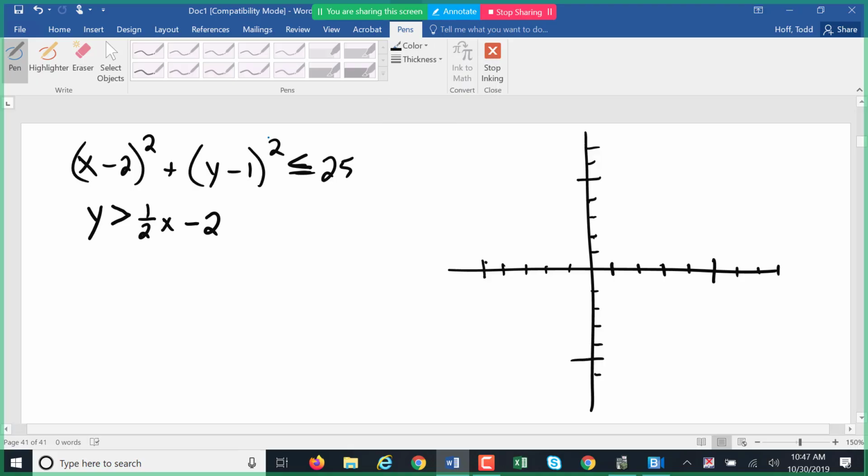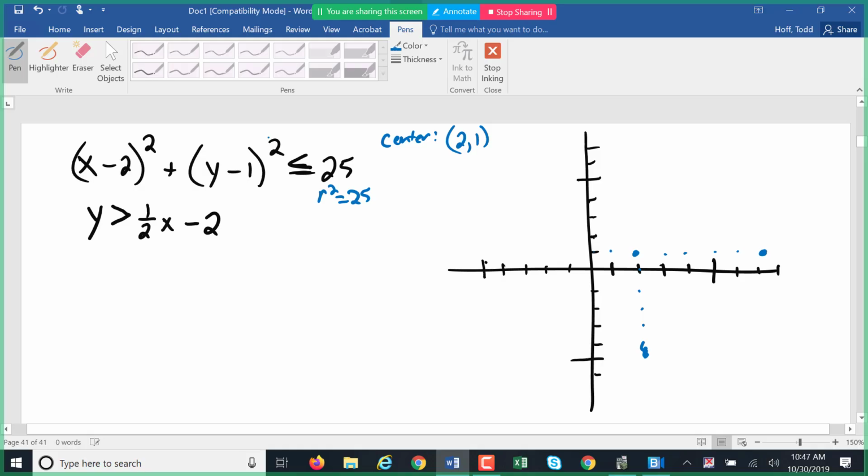So the first shape here is a circle with a center at (2, 1). So right there, r squared equals 25, which means the radius is 5. So 1, 2, 3, 4, 5. 1, 2, 3, 4, 5.